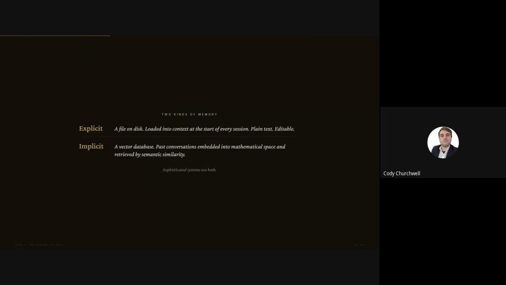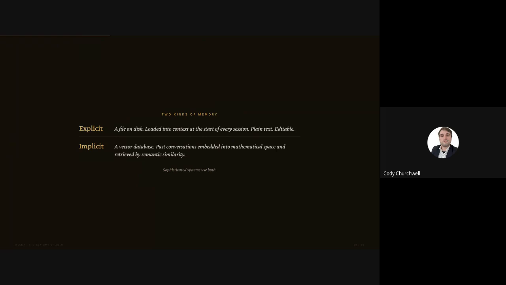What you experience as the AI's memory is one of two things, sometimes both. First, explicit memory: a separate file on a disk somewhere, persistent, loaded into context at the start of each conversation. Plain text, editable.